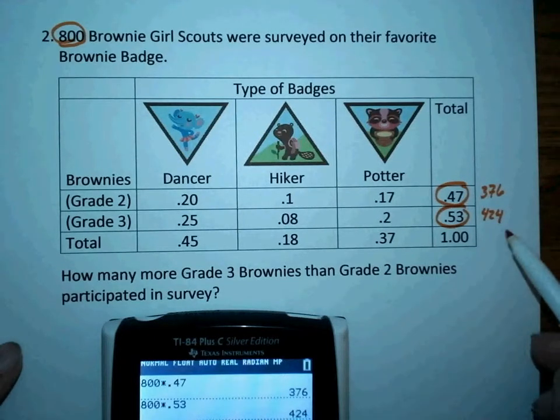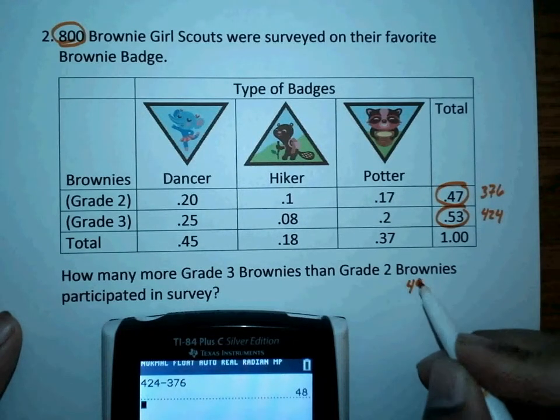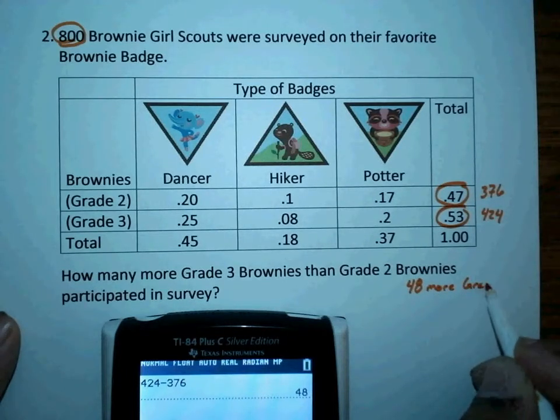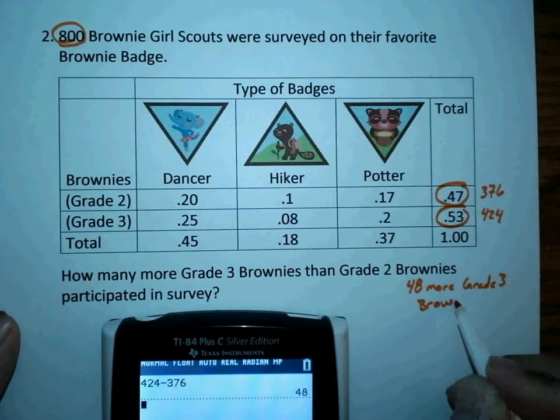And we need to figure out how many more grade 3 brownies participated than grade 2 brownies. So we know 424 grade 3, 376 grade 2. So all we have to do is subtract. So we can do 424 minus 376, and we get 48 more grade 3 brownies.